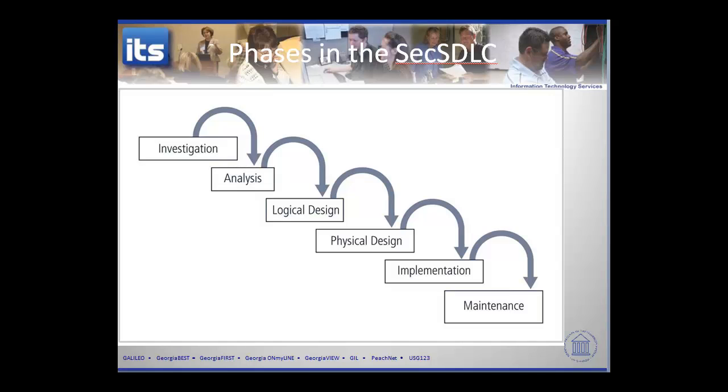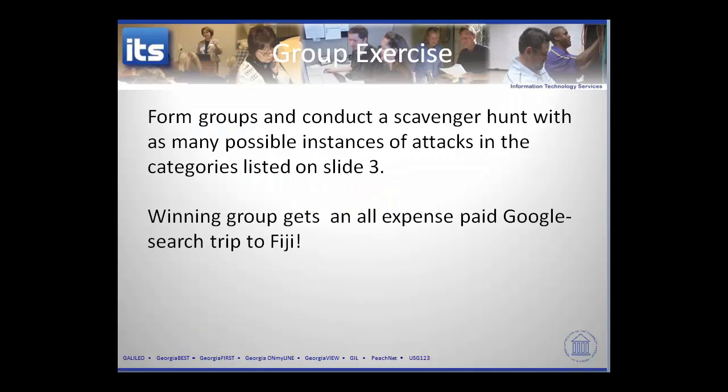All right. Well, we've talked about the phases in the security software development life cycle. Well, you know what? It's time for a group exercise. So let's look at this group exercise. What I want you to do is form groups, and if you're home alone, you can be a group of 1. If not, draft in your partner, your children, your cat, your dog. Get them involved.